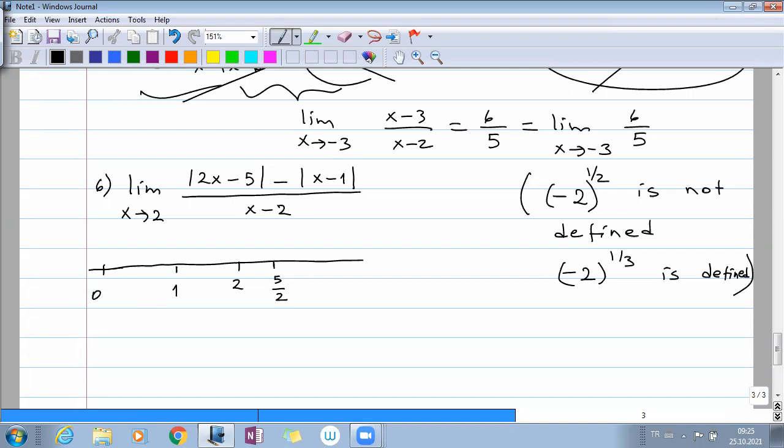So around the point 2, I'm always taking a symmetric interval, but it doesn't have to be symmetric. We can consider x in the interval 3/2, 5/2. Since x is less than 5/2, 2x minus 5 is less than 0.